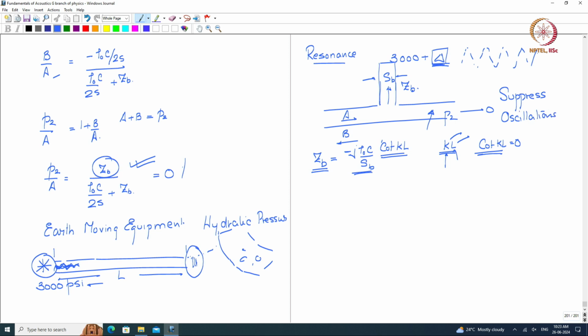So this is called the side branch resonator. By setting cot KL to 0, the side branch is resonating.